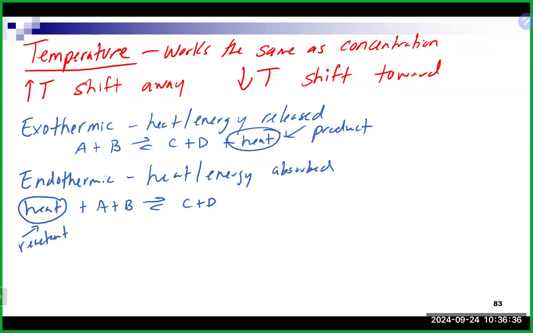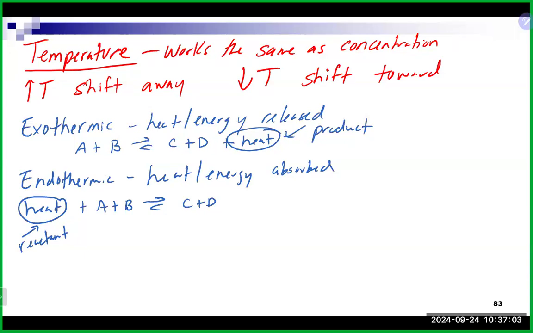Which means you have the opposite effect: if you have an endothermic reaction and you increase the temperature, it will actually shift to the right, away from it, and make more products. And if you have an endothermic reaction and you lower the temperature, it will shift to the left towards the reactant side.